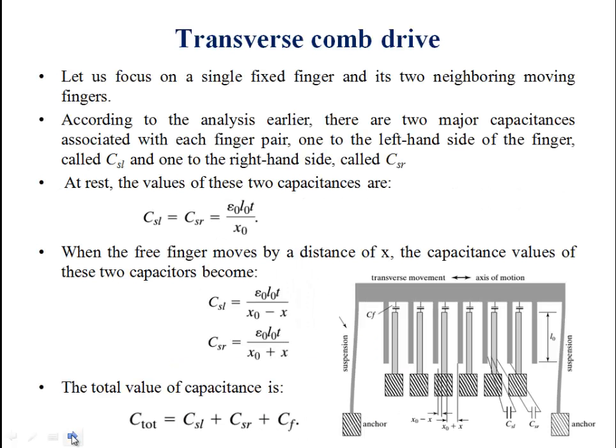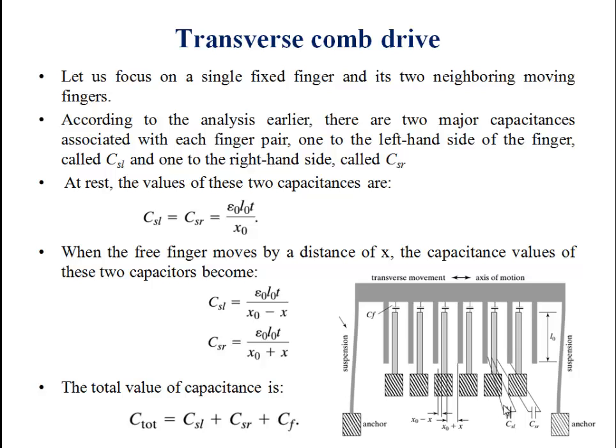If the fingers are moving to the right side, the capacitance on the right hand side is represented as CSR, and the left hand side capacitance is represented as CSL. Initially the distance is denoted as x naught. Then based on the left side as well as the right side movement, it is denoted as x naught plus x as well as x naught minus x.